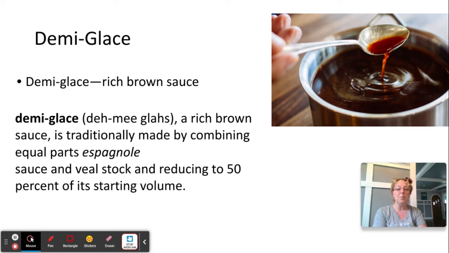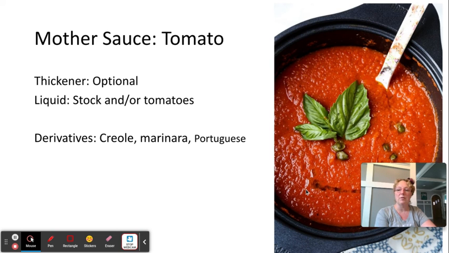It is made by combining parts of the brown and some veal stock, and then you reduce it to 50% of its starting volume. It's utilized a lot, sometimes like an au jus, a dipping sauce, like for a French dip sandwich. So brown sauce and demi-glace are in the same little category. It's just nice and thick, and it's very flavorful.